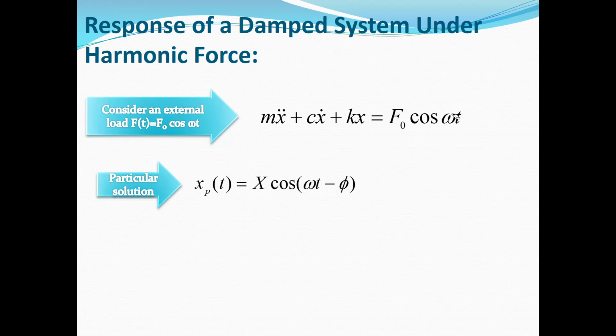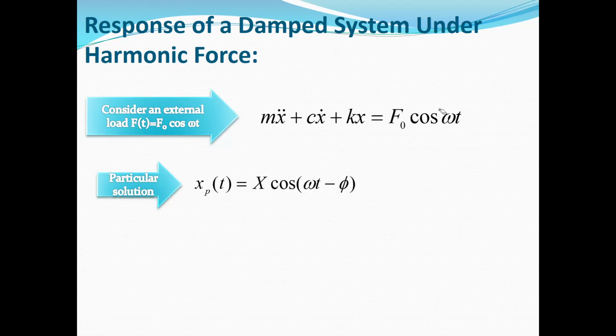Here, please pay attention that the frequency of the particular response or the steady state response is the frequency of the excitation, but the frequency in the homogeneous response is the natural frequency of your system.